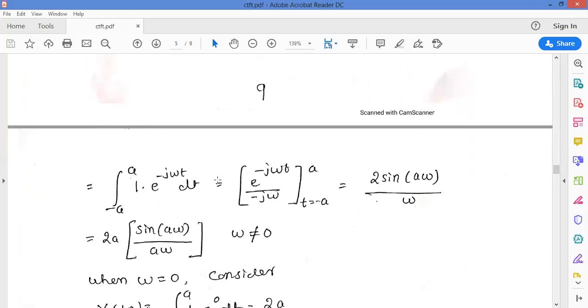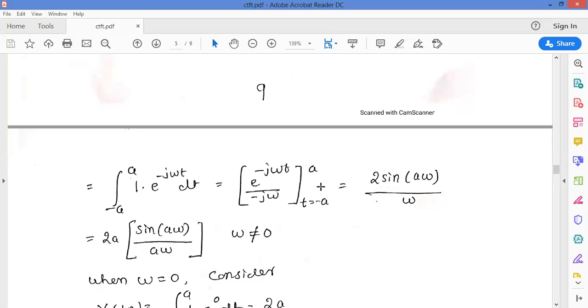So this is equal to, first integrate this one, you will get e power minus j omega t divided by minus j omega, from the limit minus a to plus a.